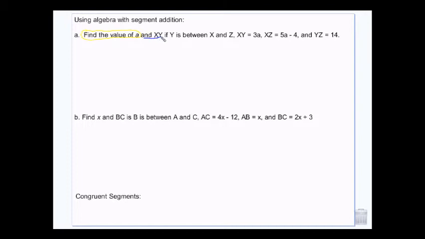And XY. Y is between X and Z. So I'm going to draw that first. Okay, so that's just Y is between X and Z. XY is 3a, so XY, that's 3a.